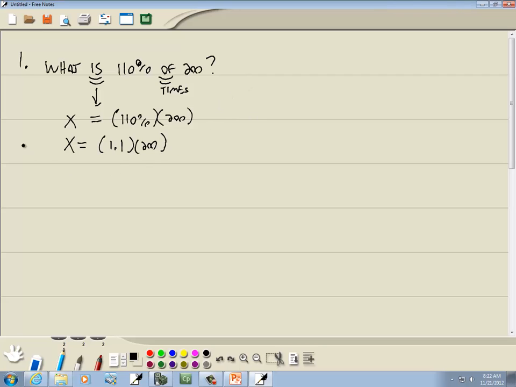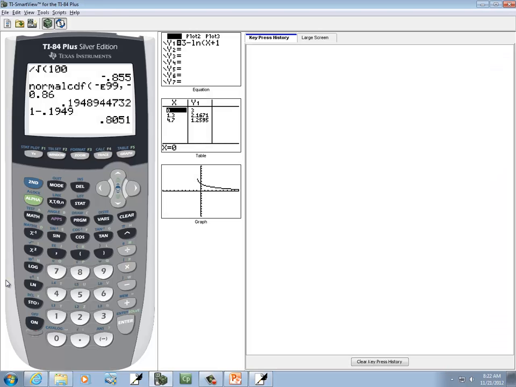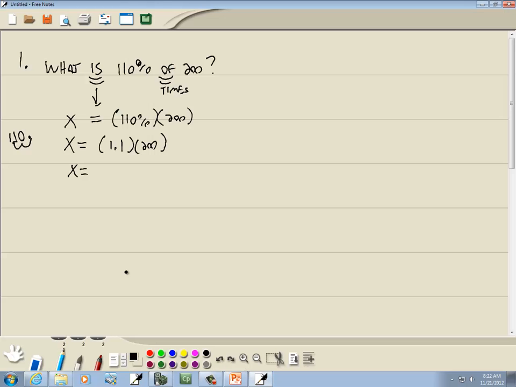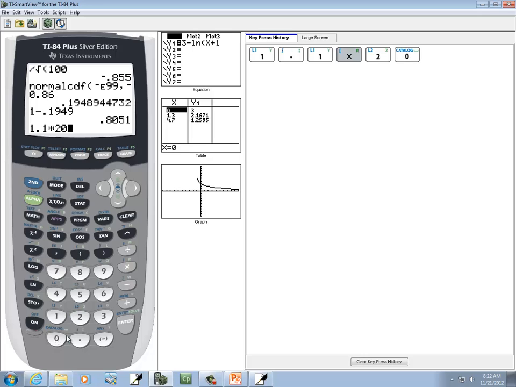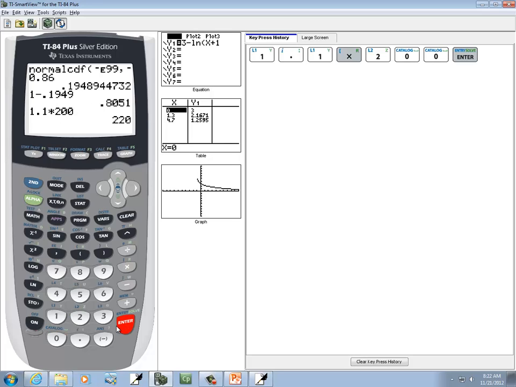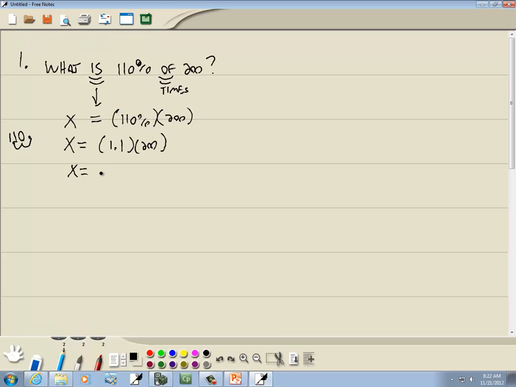If I were to put a decimal point on the 110%, it would have been right there. So 2 places to the left would be 1.1. 1.1 times 200 gives us 220. And that's our answer.